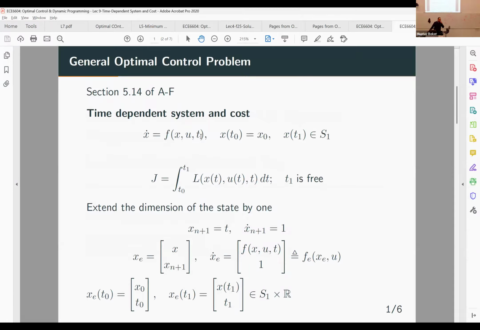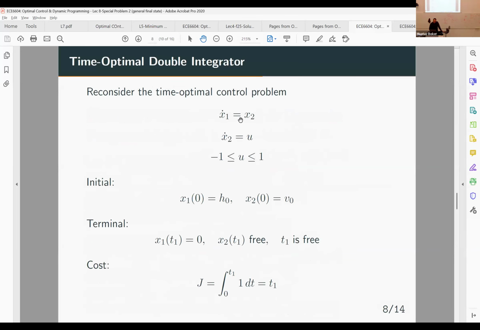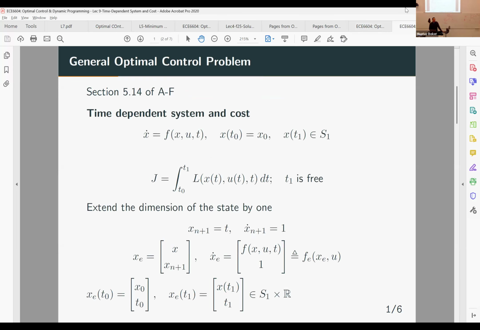Let's say that the system we are considering is x1 dot is equal to t x2 and x2 dot is equal to u. So there is a t showing up in the equation explicitly. That makes the problem harder, and that makes it a time varying problem. So time dependence is important.